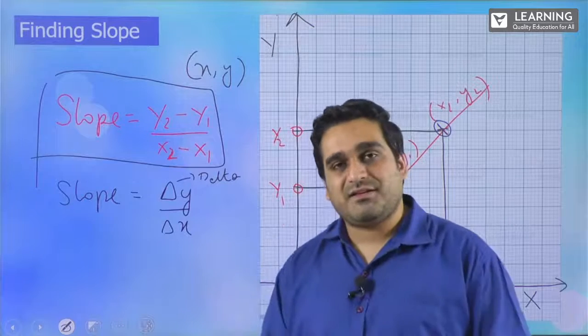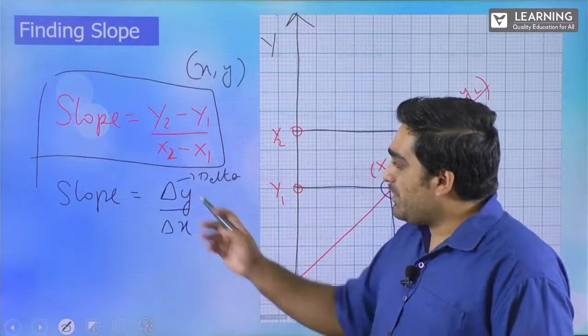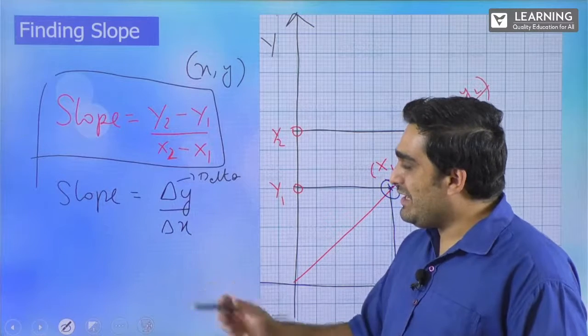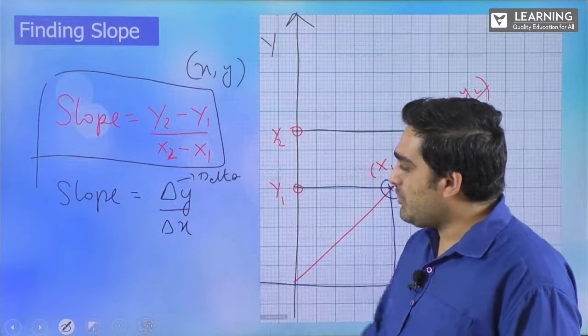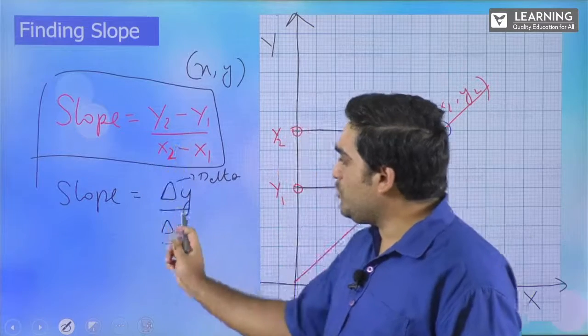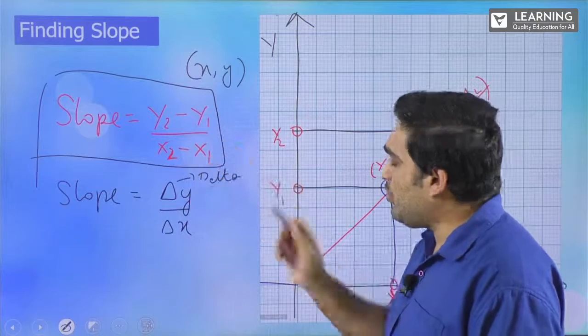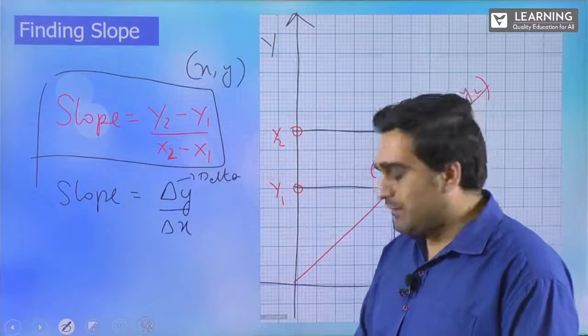Philosophy, mathematics, physics, and lots of others. So that is why we use Greek letters. Delta is one of the symbols that we use to show the difference between two physical quantities. But here, it is the difference between two quantities such as y and x.